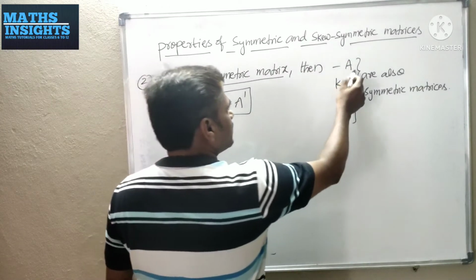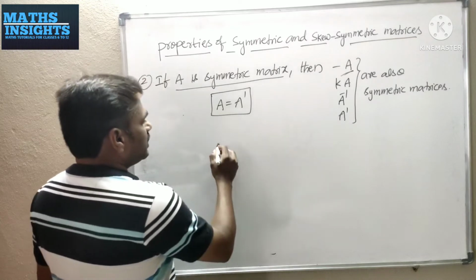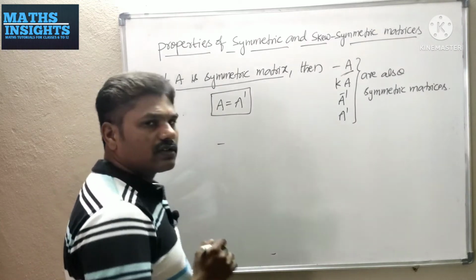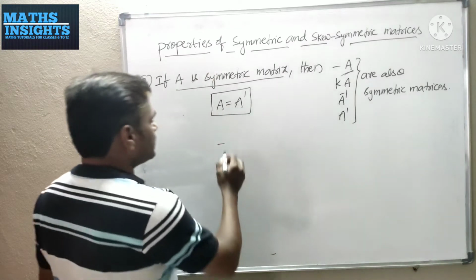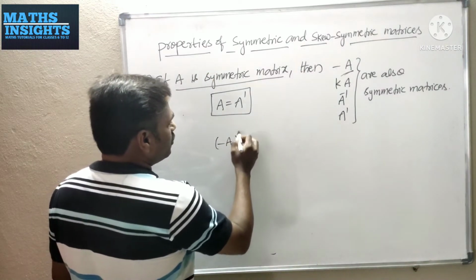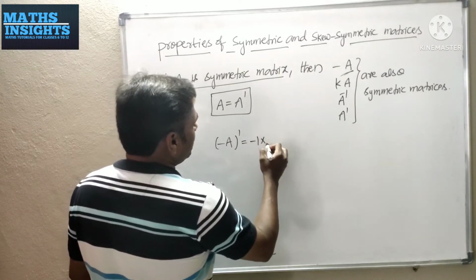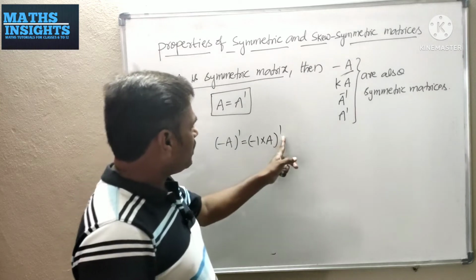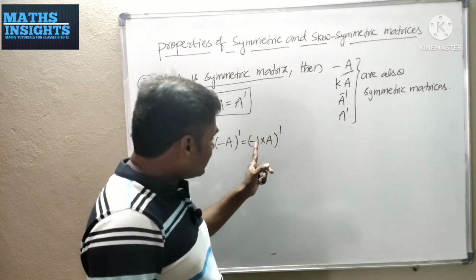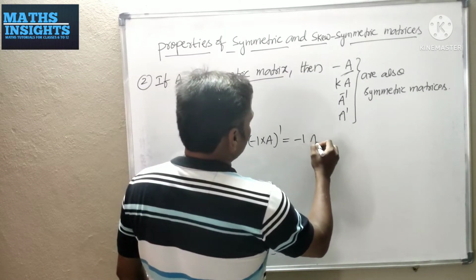First, I will verify whether minus A is symmetric or not. To check whether it is symmetric, you have to take its transpose. Minus A whole transpose is equal to minus 1 into A whole transpose. Transpose is not applicable to the scalar, that's why you write the scalar as it is: minus 1 into A dash.